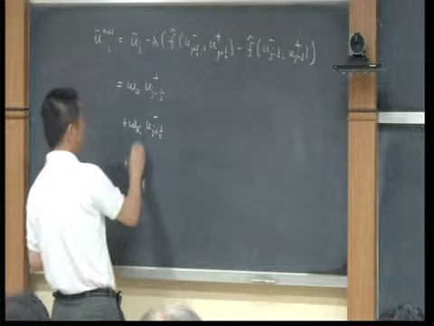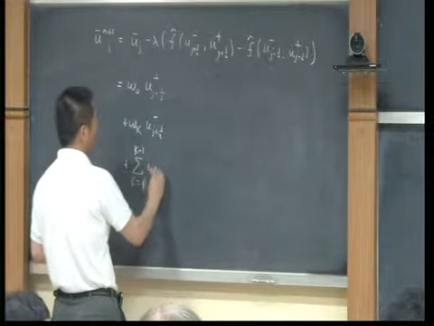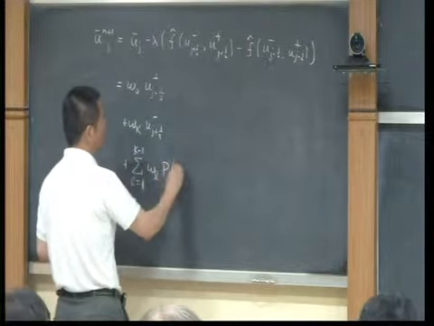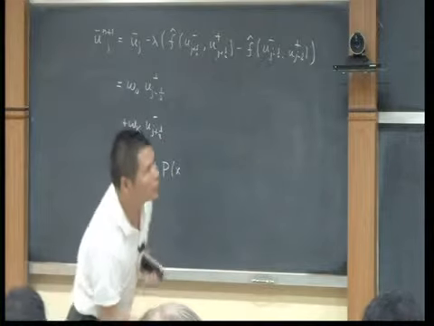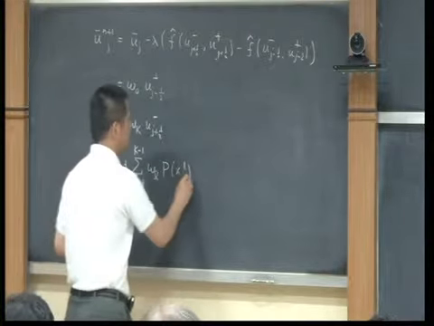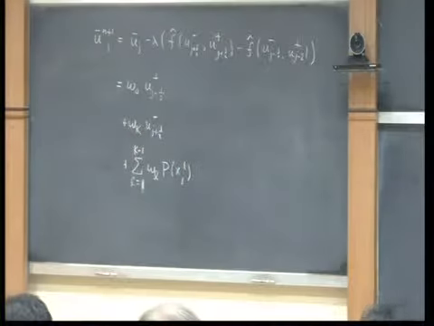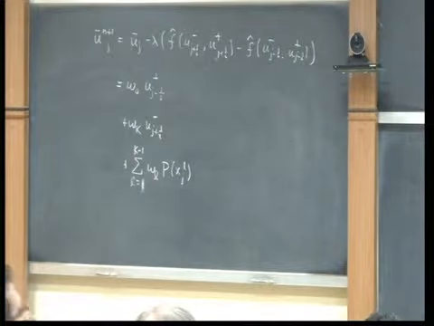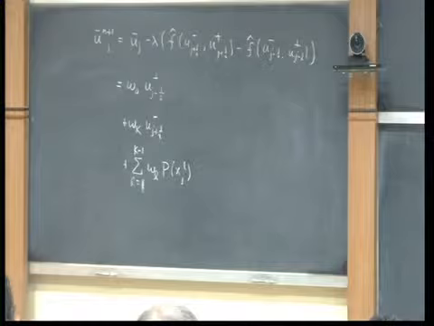That's 1 to k minus 1 of omega L P of X JL. It's just notation. This JL are just the middle. There are some middle quadrature points. I just denote them by JL.